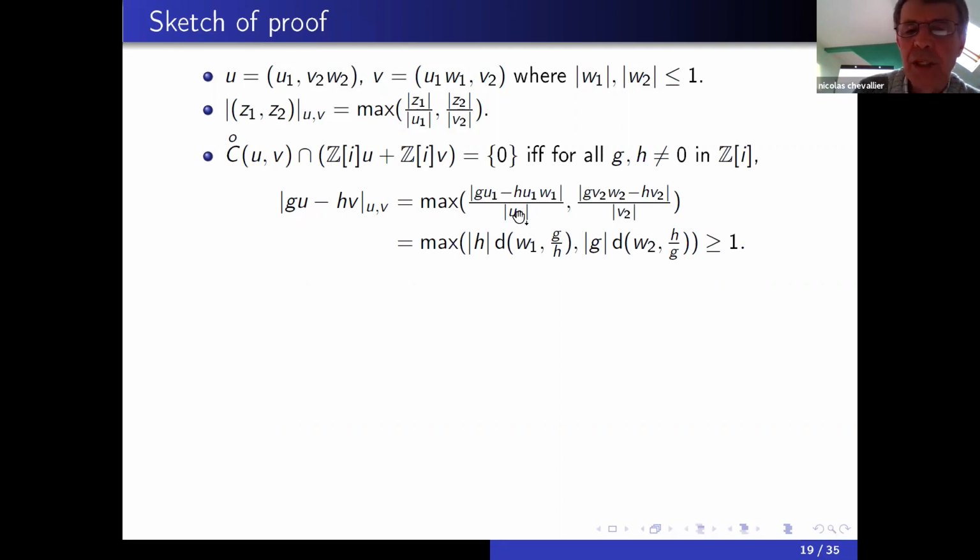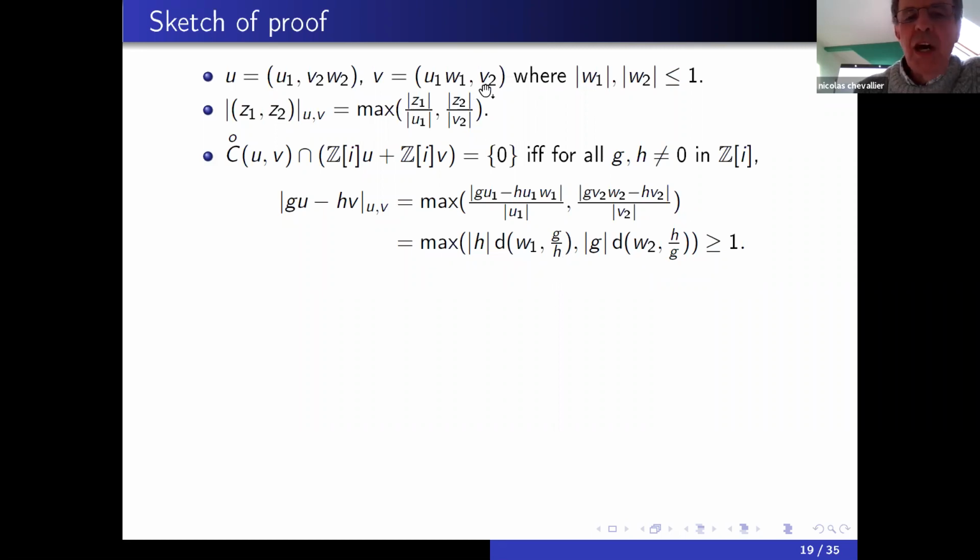And we can simplify with U1 here and with V2 here, and we can factor H here, and we can factor G in the second ratio, and we find this interesting geometric quantity, because here we have the modulus of H times the distance between the point W1 and the ratio G over H, and here it is the distance between W2 and the inverse ratio here.